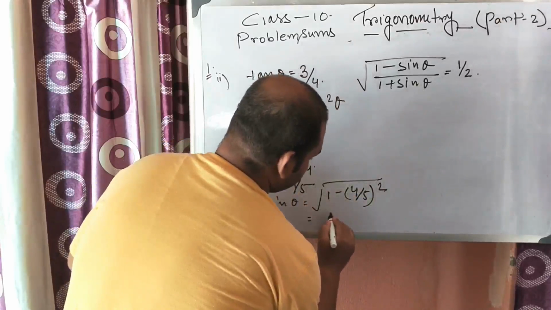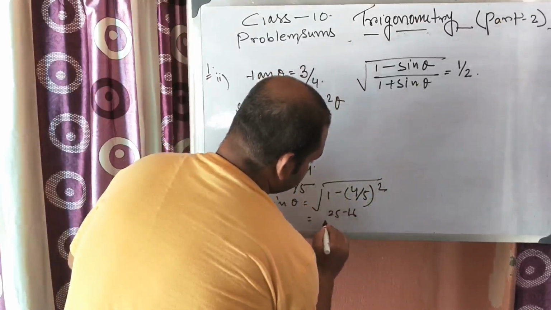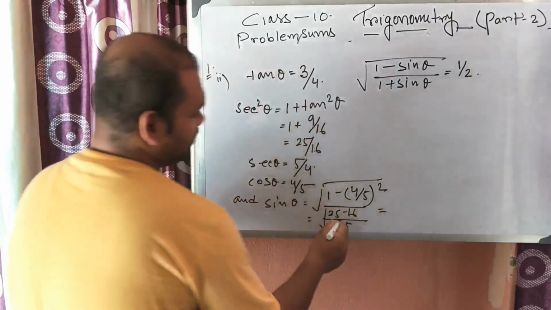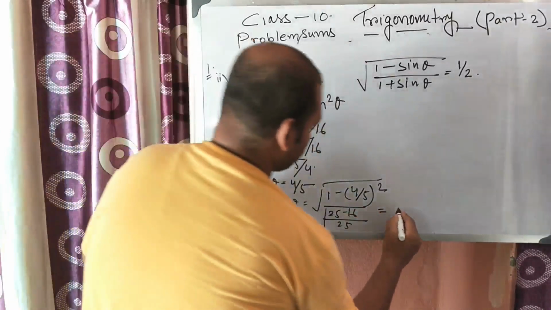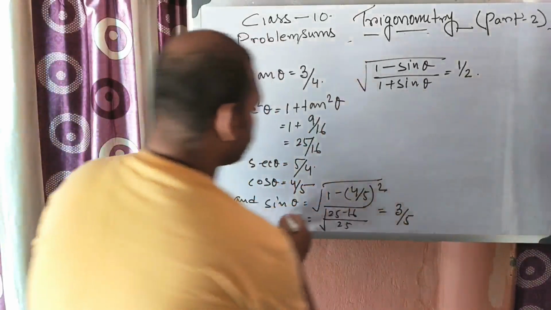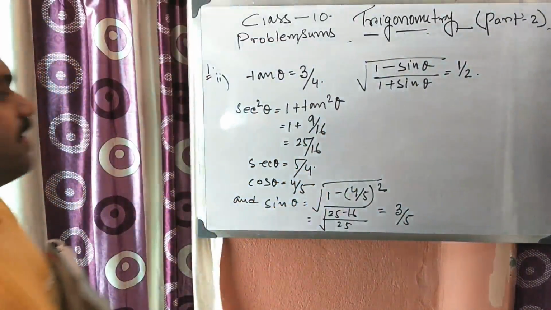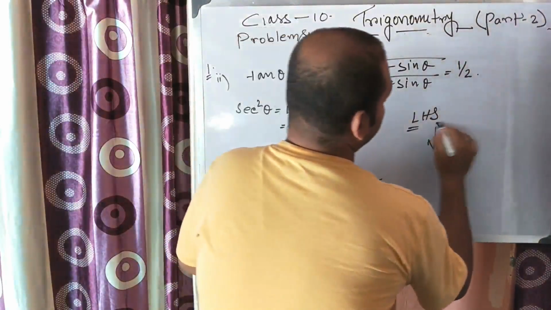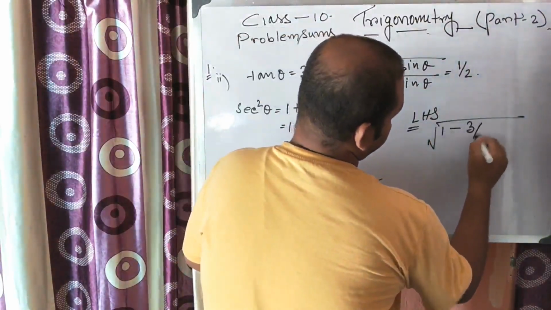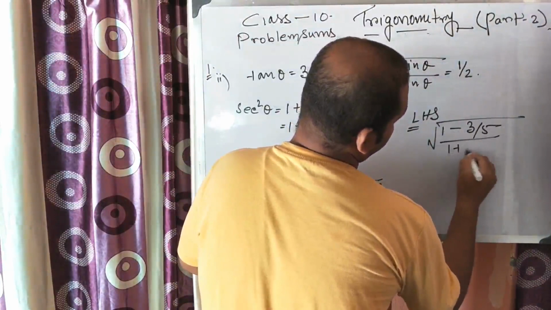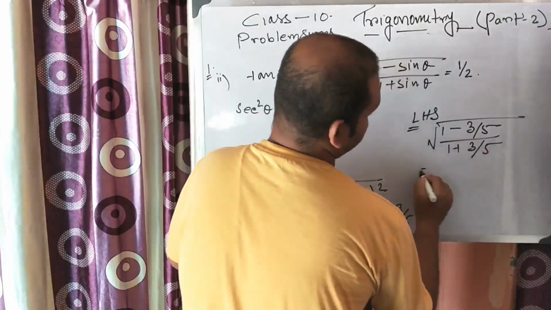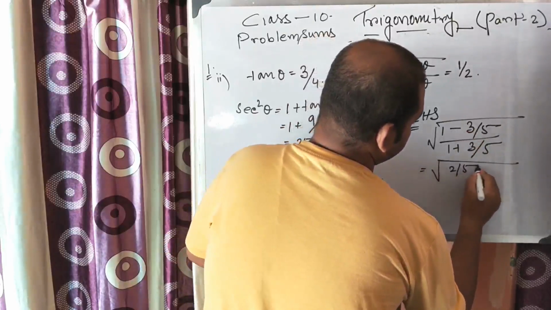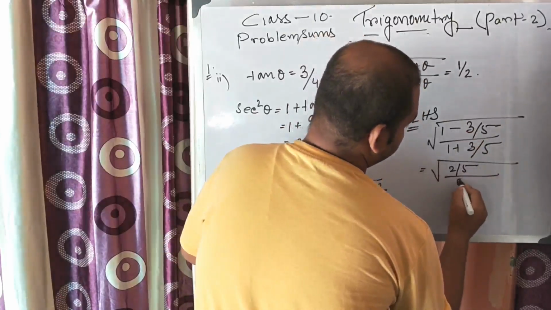So it will be (25 minus 16)/25, which is 9/25. So 3/5. The value of sin theta is 3/5. Now put it in the LHS. Root over (1 minus 3/5) by (1 plus 3/5). What you will get is 2/5 by 8/5.